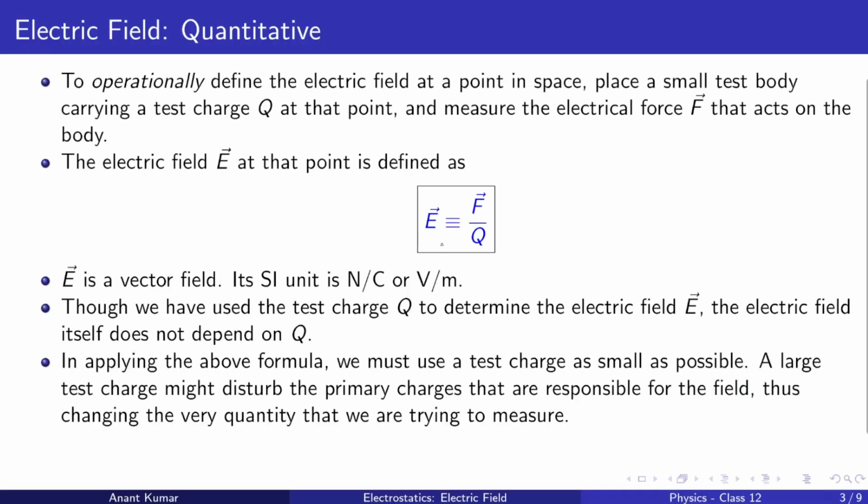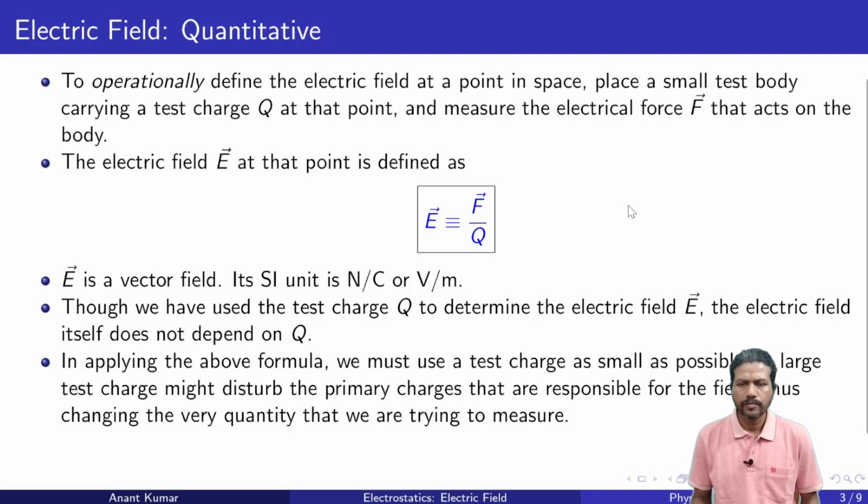Though what might happen is, suppose we have a charge configuration that creates a certain electric field, and I am trying to measure the electric field at a certain point. When I bring a large enough test charge, that test charge can actually disturb the charge configuration which was creating that electric field, as a result of which the electric field that we now measure is no longer the field we are looking for.